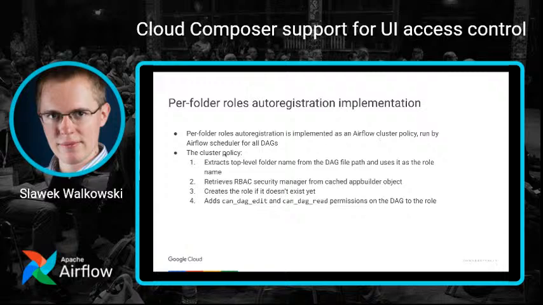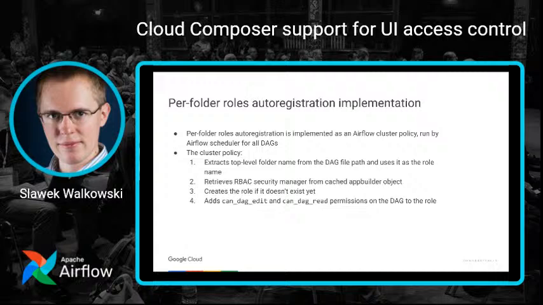All the cluster policy does is extract the top level folder name from the DAG file path and use it directly as the role name. Then it retrieves the RBAC security manager from the cached app builder object, essentially the Python object that allows us to query and modify the RBAC access control settings in the Airflow database.